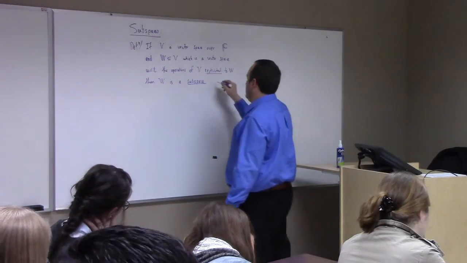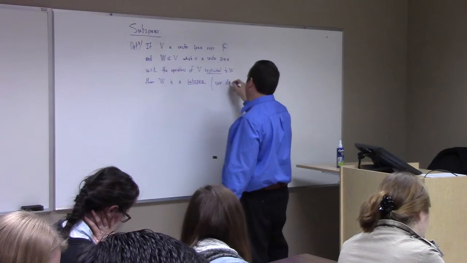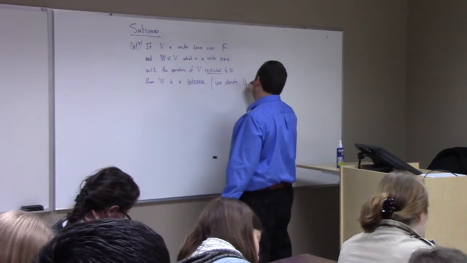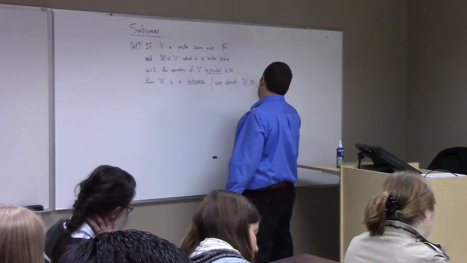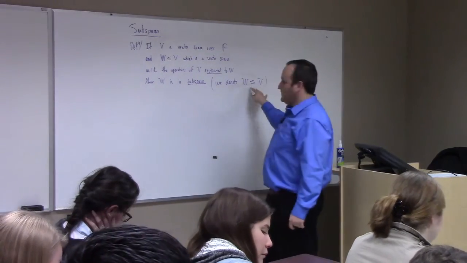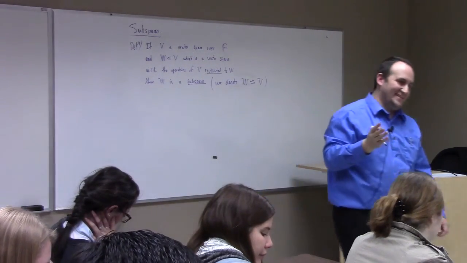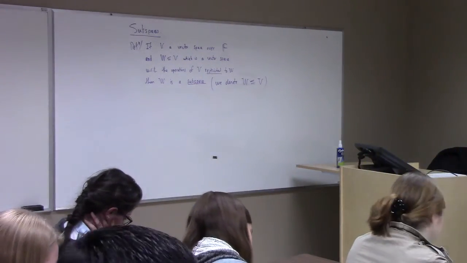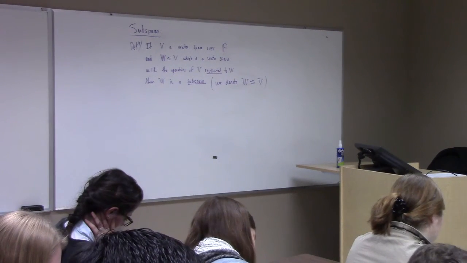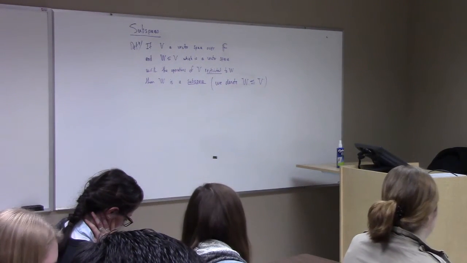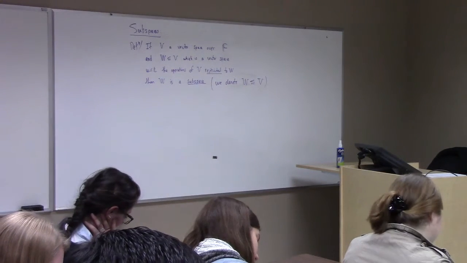We denote W less than or equal to V. So this notation, when you see it, I'm not making some statement about inequalities. That is a notation which tells you that W is a subspace of V. All right?